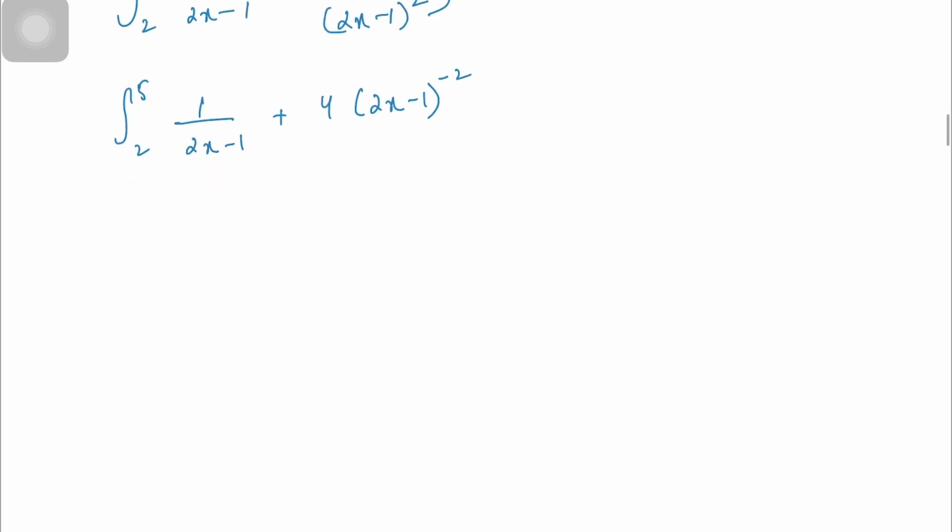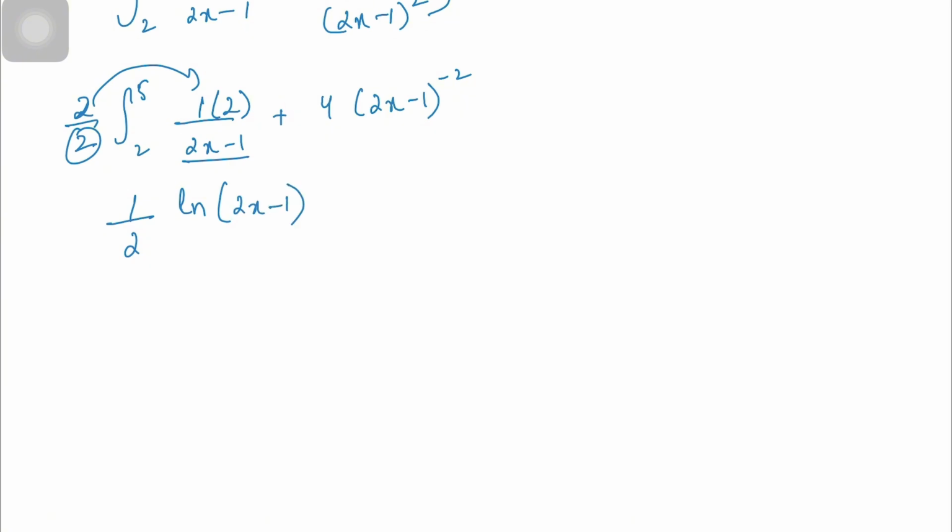So we need to have 2 over here, so we'll be multiplying by 2 and dividing by 2. So 2 gets over here and then 2 is over here. This would be 1 over 2 ln of this function, 2x minus 1.